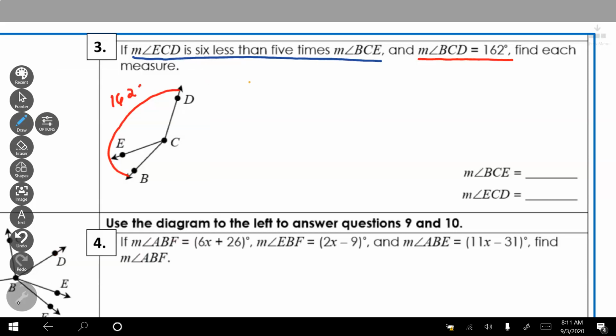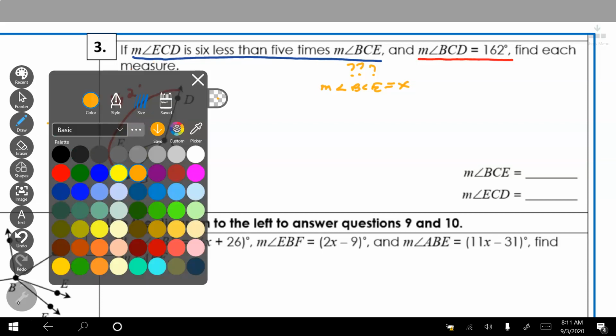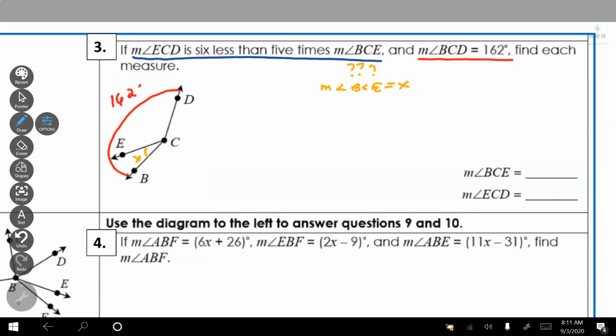I have a lot of unknowns here. So I'm going to say this angle here, I have no idea what it is, so I'm going to call the measure of angle BCE x. That's a smaller angle right here. But then I have the angle ECD, which I don't know either, so I'm going to call this one y.